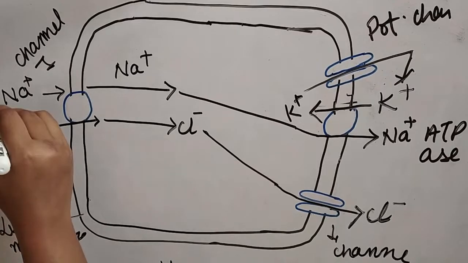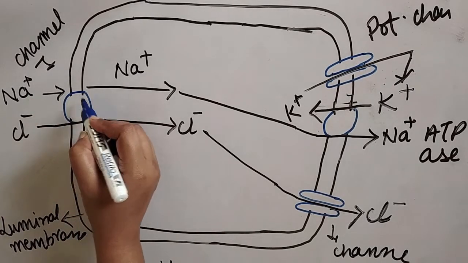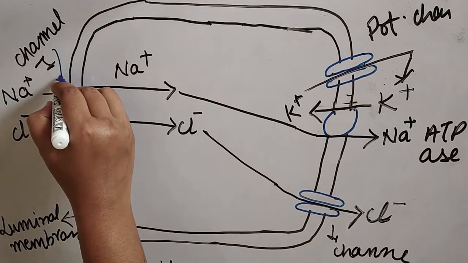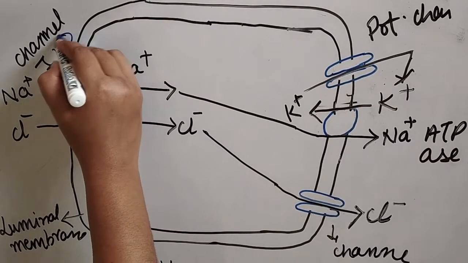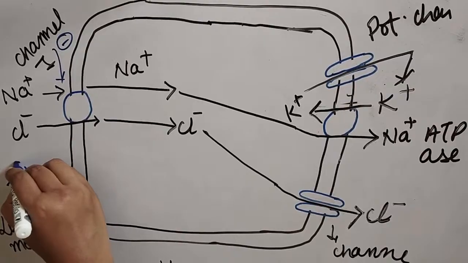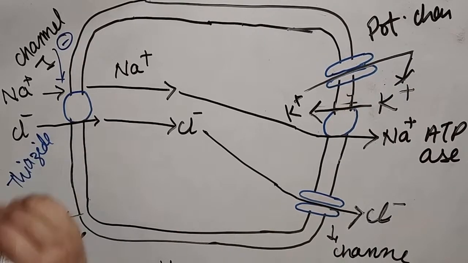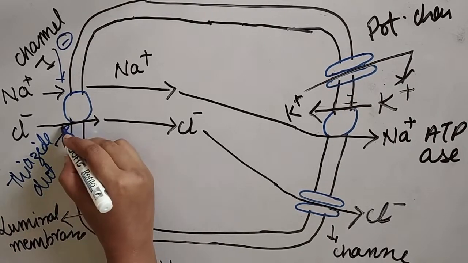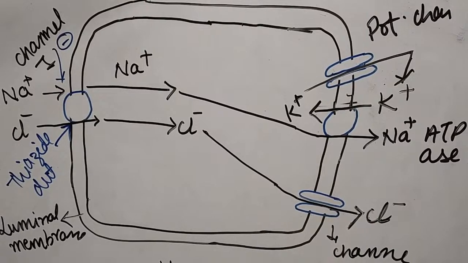diuretics will inhibit this channel. Channel 1 will be inhibited by thiazide derivatives. So thiazide derivatives will block this site 1, or channel 1.